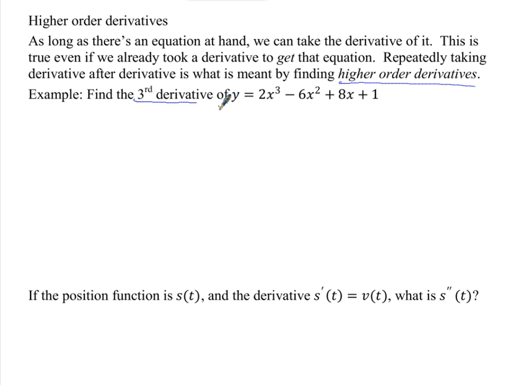Okay? The notation for that is just additional primes. So if I have y is my first function, then my second function will be y prime, my first derivative. My second derivative will be y double prime. And my third derivative will be y triple prime. From there, I've seen books that go into Roman numeral notation, so they treat the primes as actually I's, the capital I's in Roman numerals.